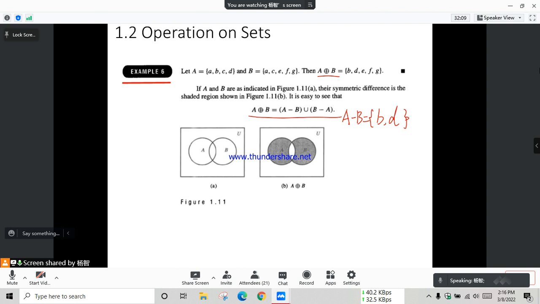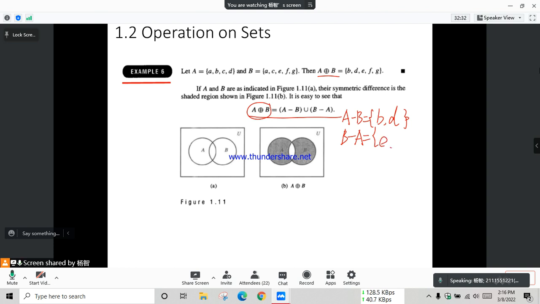In order to calculate the symmetric difference, we also want to calculate B minus A. Okay, who can tell me B minus A? What elements?